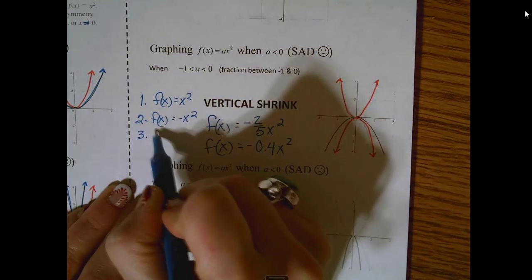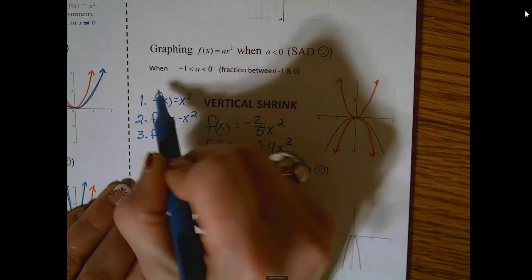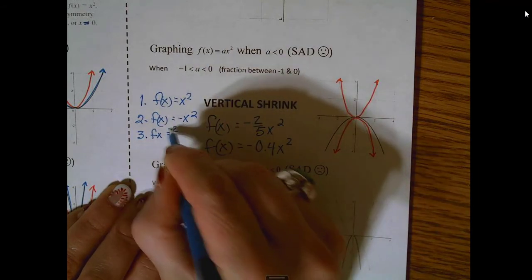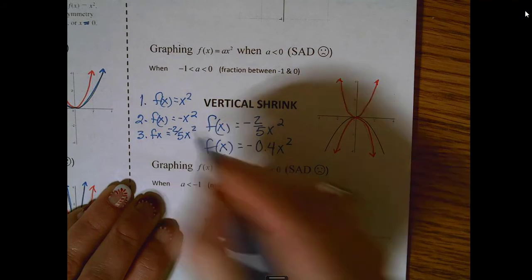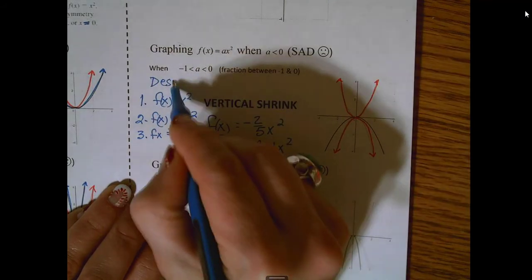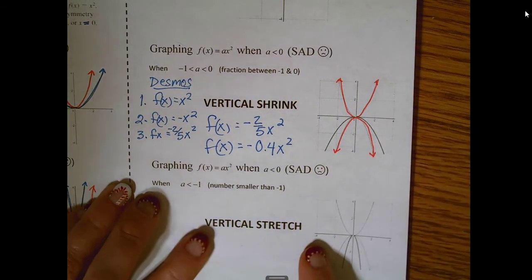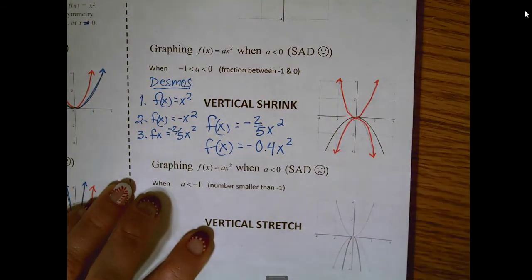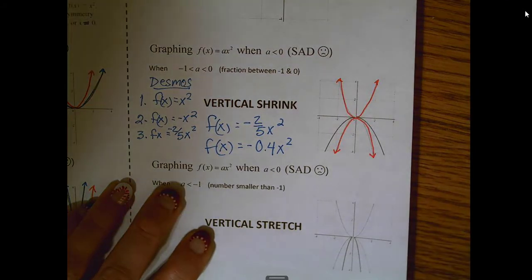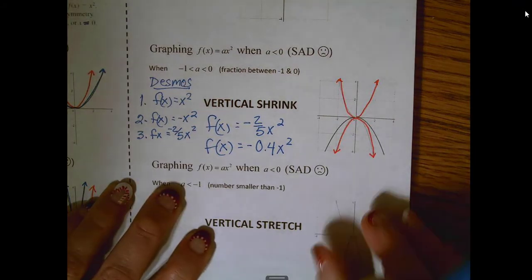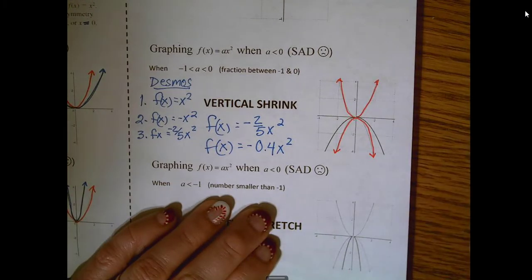And line 3 was f of x equals negative 2/5 x squared. Okay, so again, this was on Desmos, and then I just snipped a picture, put it in here. Now, the reason I want that reflection, that's really going to help us to see, okay, is it outside that parent function or is it inside the reflection of that parent function?